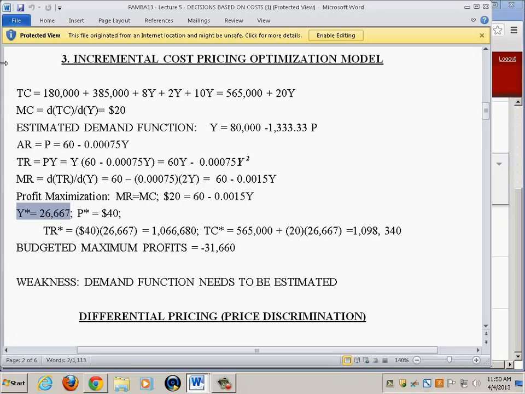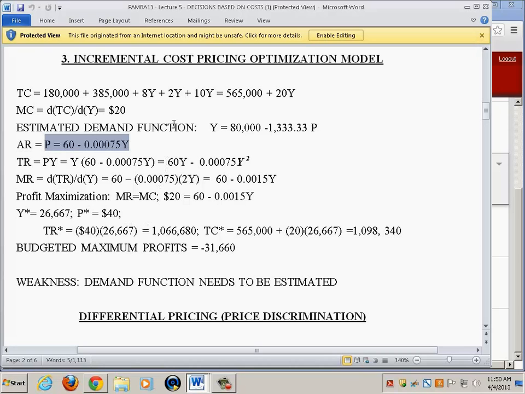Okay? Now we can also find out what is the price that we have to charge to maximize profits. We simply plug this into the estimated demand. Here we have a rearranged estimated demand. So instead of y, we put 26,667, and we solve for p.